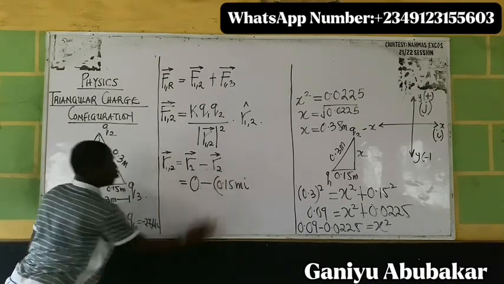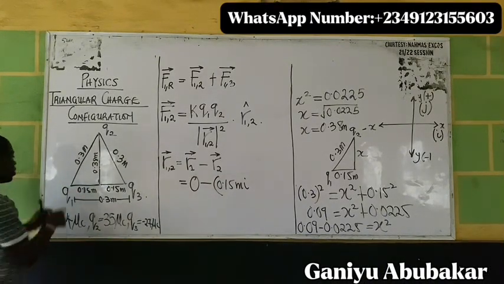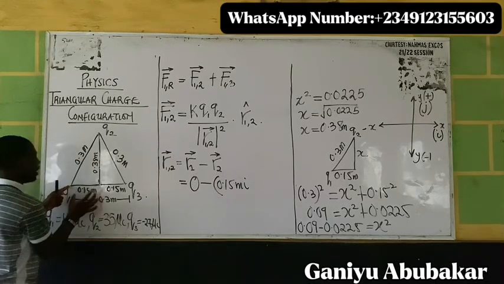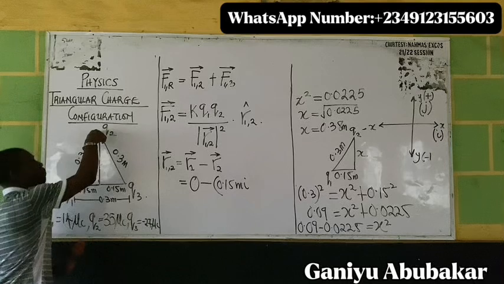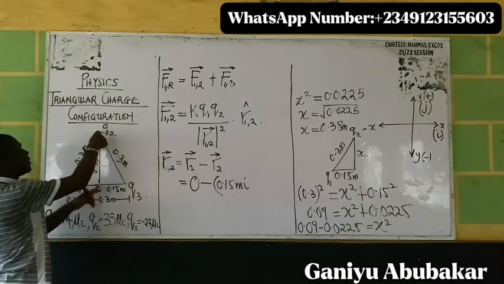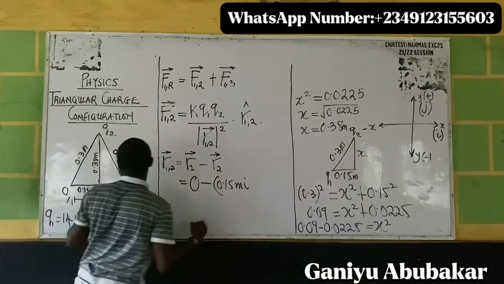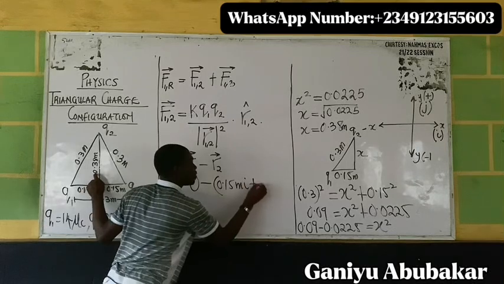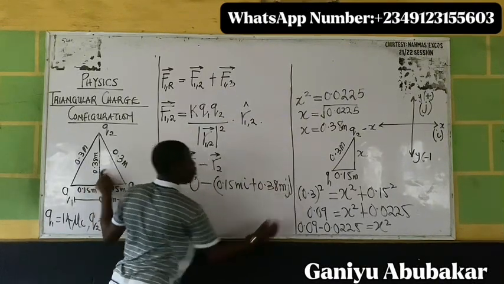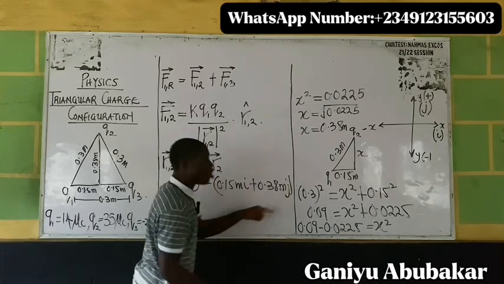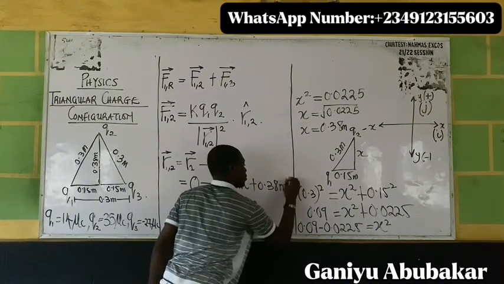Let's get R2. To get R2, it's easy. Move this way. Here to here is this value here. Moving this way is a positive of y, and the value here is 0.3. That becomes plus 0.38 meters j. Why j? Y direction, please. All right.